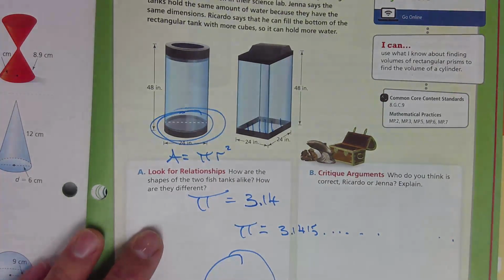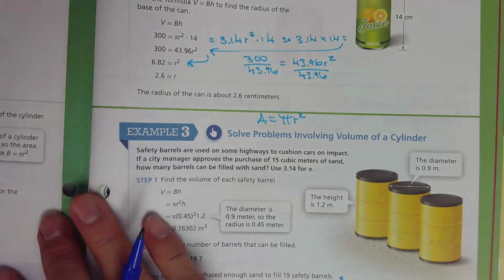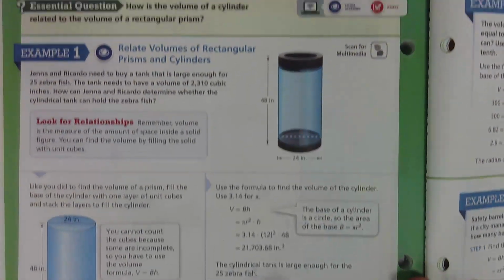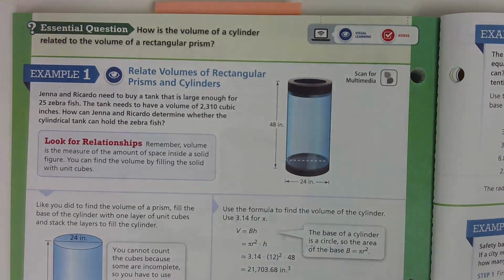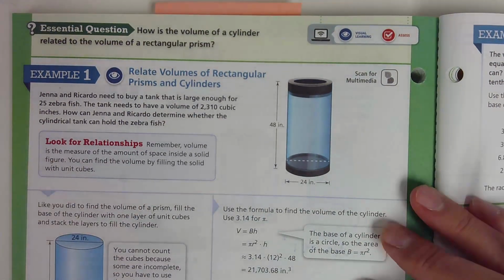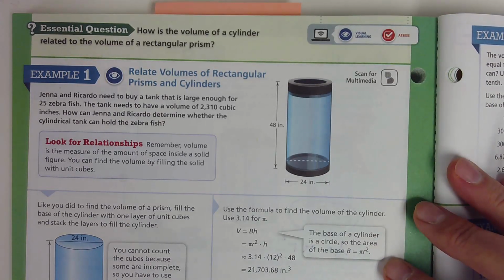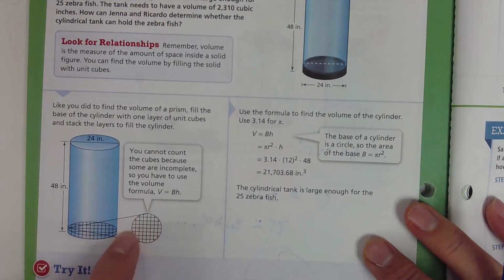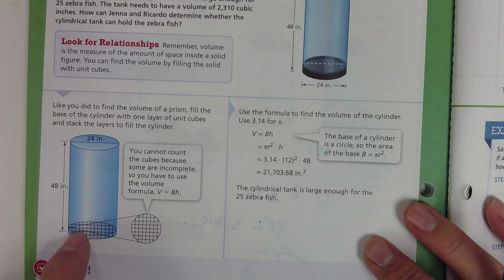All right. So let's look at example 1. And that's what they're going over here. They point out here that you can't really count the cubes because not all the cubes are a full cube.